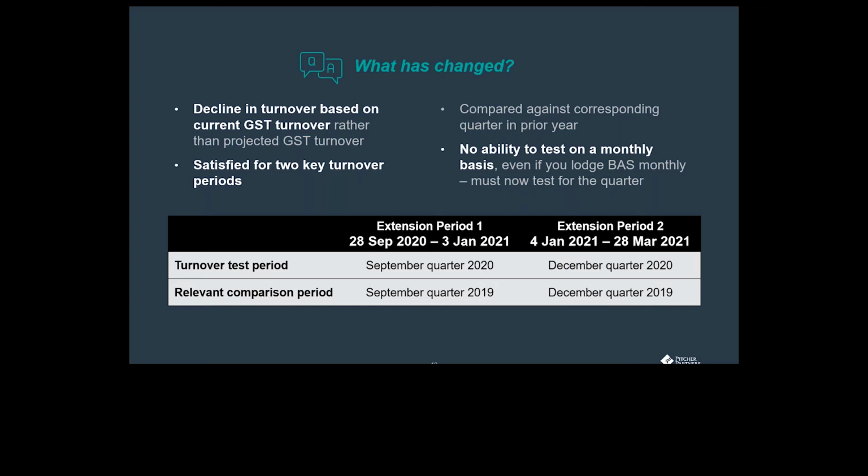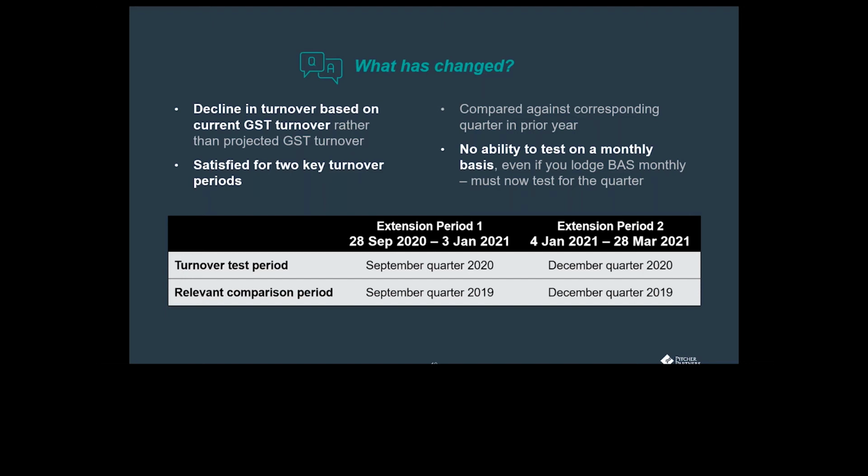So even if you do qualify for payments for the fortnights that commence next Monday onwards, in respect of turnover for the September quarter, there is a requirement to retest again in respect of the JobKeeper fortnights that can commence from the 4th of January next year, which will mean that during the holiday period for a lot of people, there will be some work to do in respect of JobKeeper if you are seeking to continue receiving JobKeeper payments in the period from January to March next year.